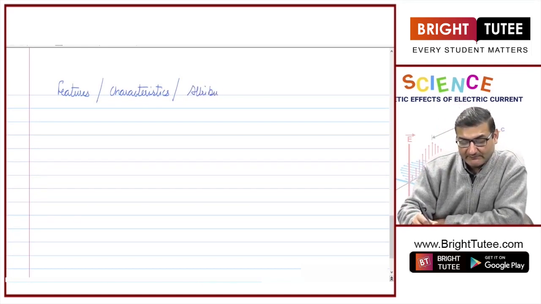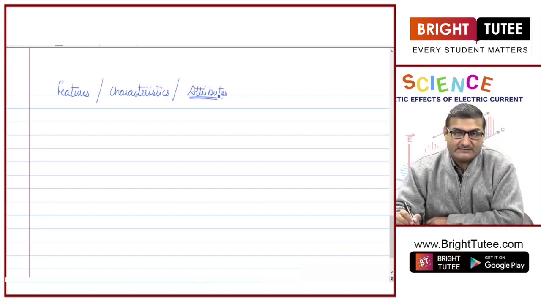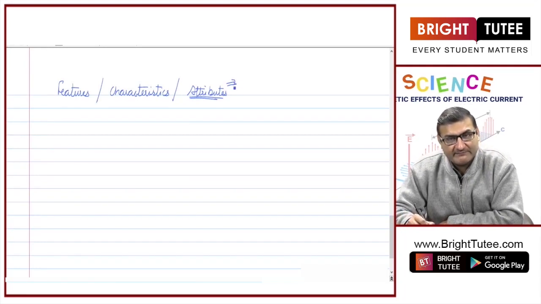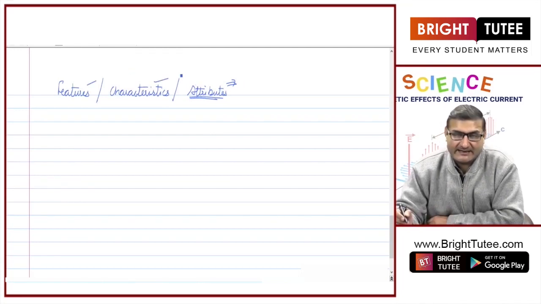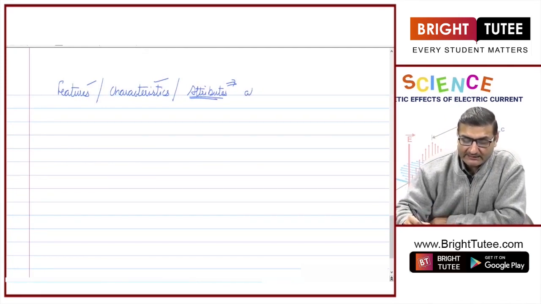There are times when this word, attributes, is used, and students don't know exactly the meaning of this word, and that is why they get confused as to what is being asked. So wherever you find attributes, it means simply features or characteristics. Alright, so the features, attributes or characteristics of magnetic field lines.